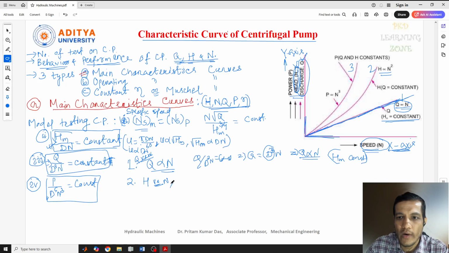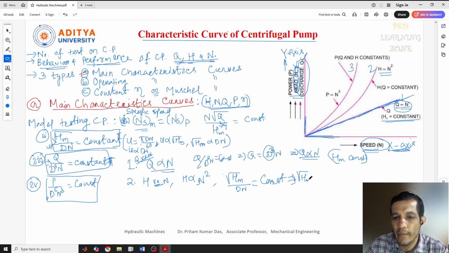Suppose in that what we got, again, H is directly proportional to N square, that is speed square. So how we got this, again I'll go to the equation, this second equation. In the second equation, what we got here is root over of Hm by DN equal to constant. So here we can write root over of Hm equal to DN.